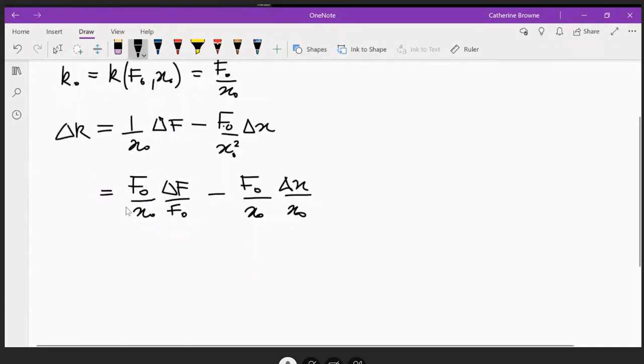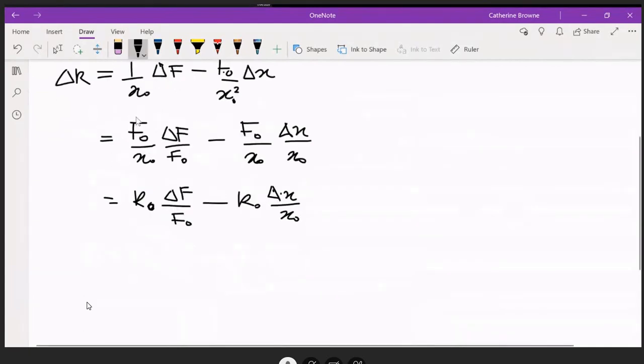And so we can recognize this f naught on x naught as the k naught.